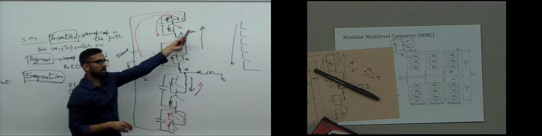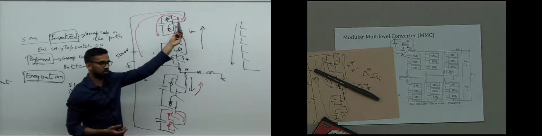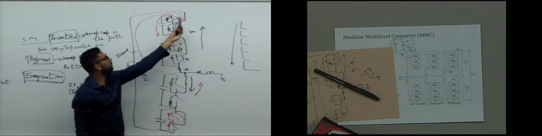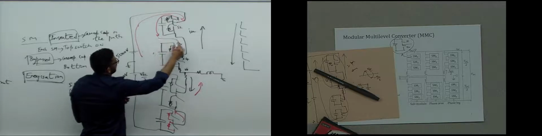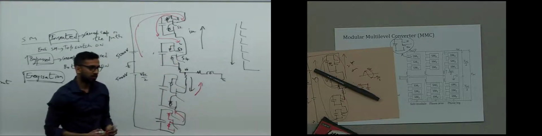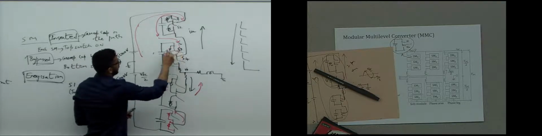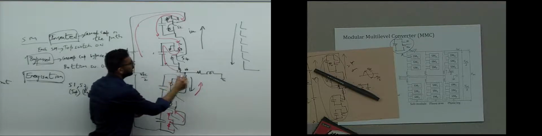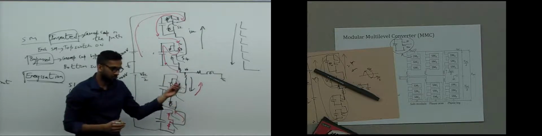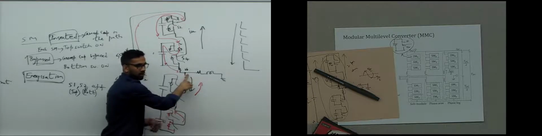Because definitely S2 cannot take the current, it is off, and that diode cannot take the current anyway because the current direction is inward. So do you follow? So this diode should take the current and the capacitor is inserted, and now the current goes like that, and let's say S3 is on again, the same thing happens, the upper diode takes the current and the capacitor is inserted again, okay, and this point is connected, and what happens to the current from there on we should see, but we are interested in the voltage here for now.